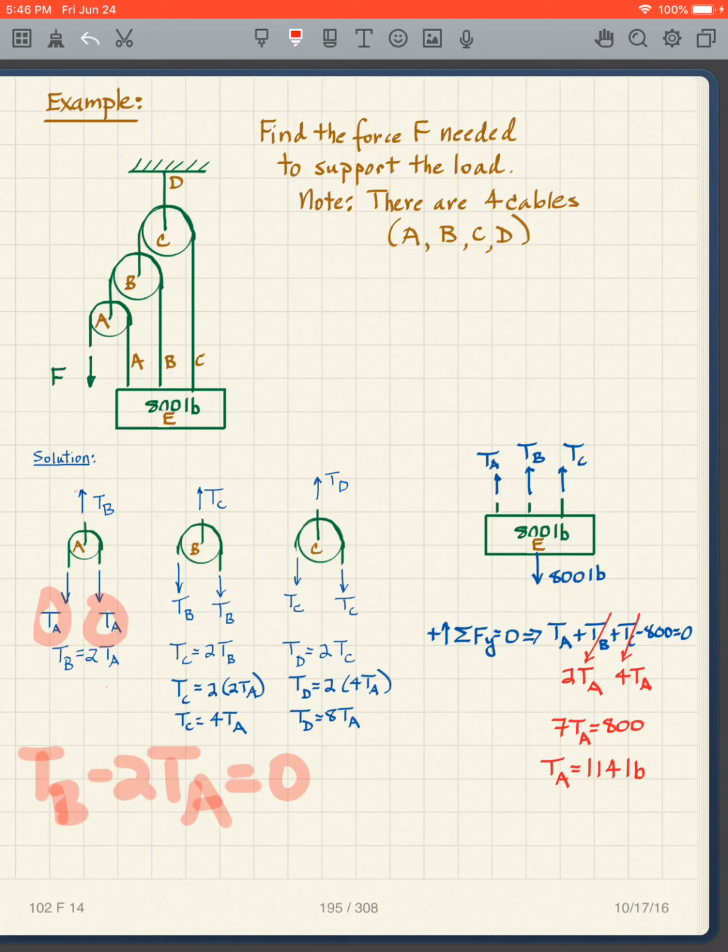That's the sum of the forces in the y direction for that free body diagram. That tells me that TB is equal to 2 times TA. Then I look at this one, I do something similar, same conclusion now, but it's with TB and TC. TC is equal to 2TB.